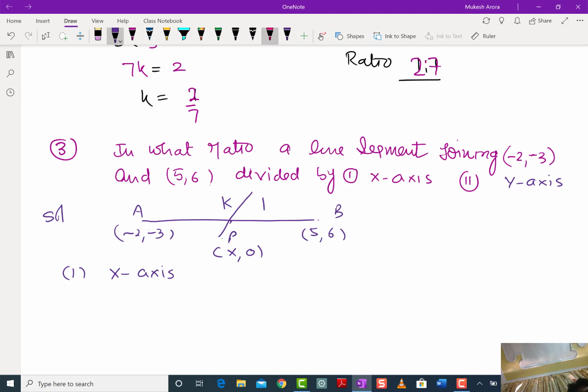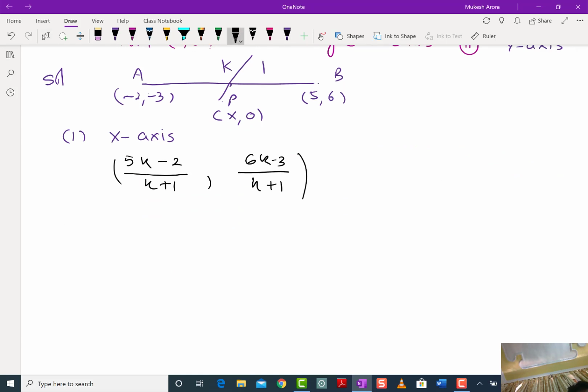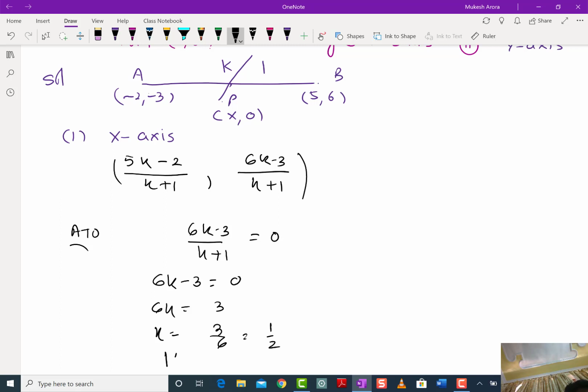Using that, we will write 5k minus 2 upon k plus 1, comma 6k minus 3 upon k plus 1. With x we cannot find, so according to the question, 6k minus 3 upon k plus 1 is equal to 0, 6k minus 3 is equal to 0, 6k is equal to 3, k is equal to 3 by 6, 1 by 2, 1 ratio.